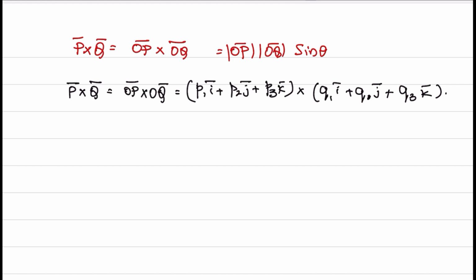But when theta is equal to 0, sin theta is equal to 0. That means when a cross product is taken with the same unit vector in the same direction, the angle between them will be 0.